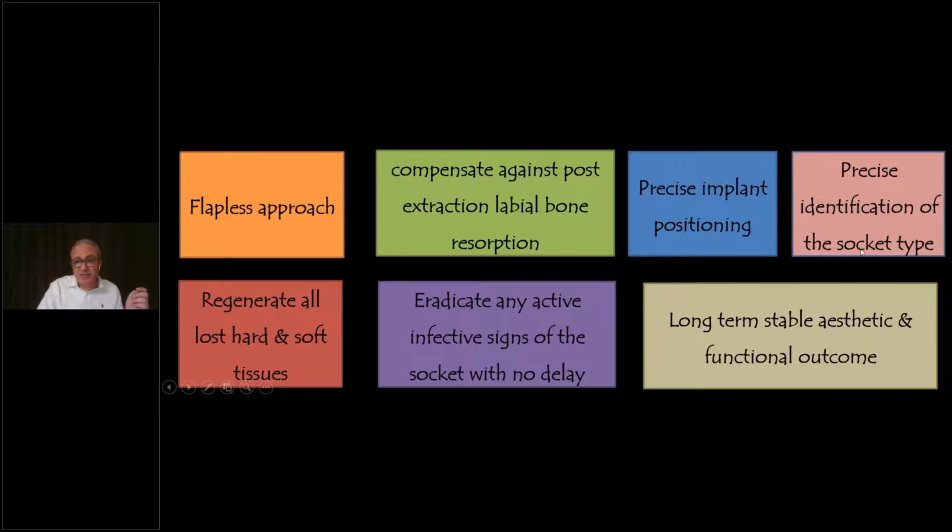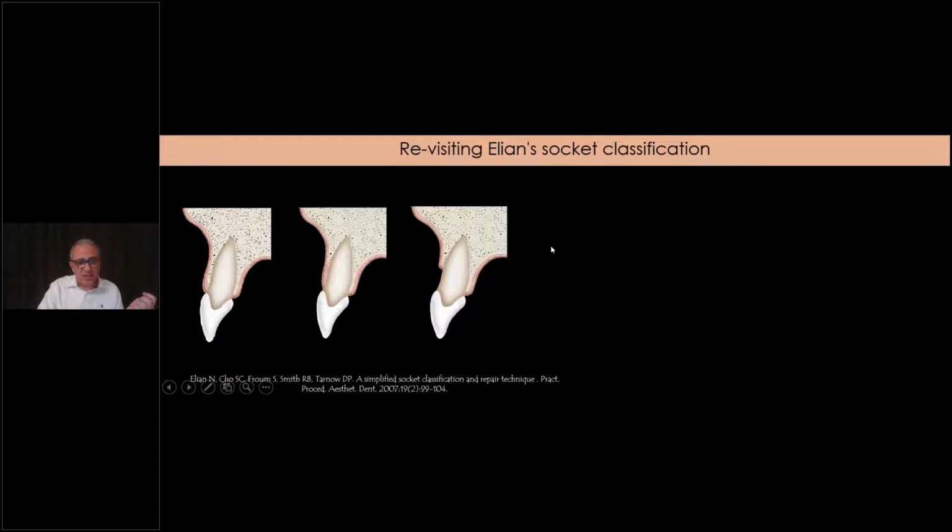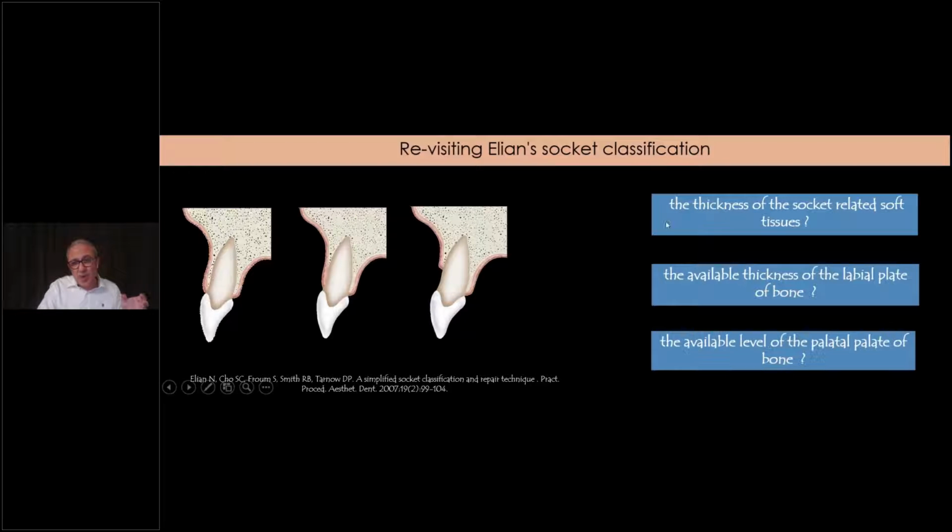Precise identification of the socket type. What is the socket type that you are dealing with? And it brings me here to the socket types. We know the Elian and Tarnow classification, one of the best classifications that has been introduced in the literature. I'm using it every day, and everyone is using it. I'm sure that you do that as well. But I still have the question.